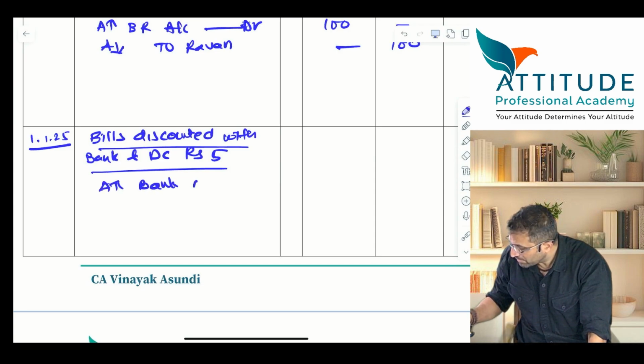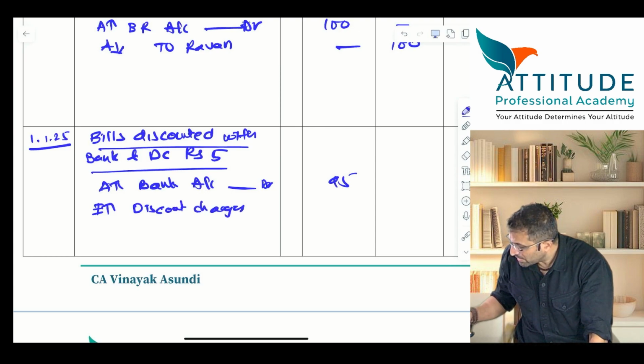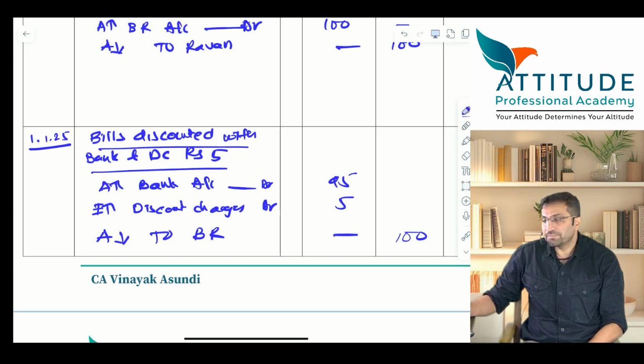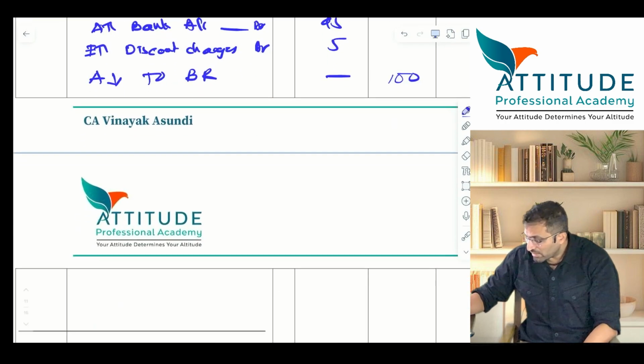Correct. Expense increases, discount charges debit. Discount charges debit, to bills receivable, asset reduces. Is that clear? Now next.